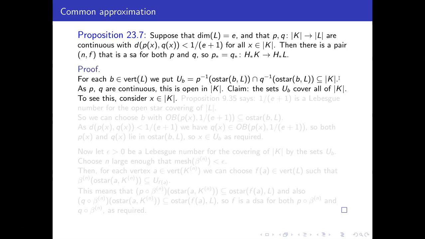Okay, so to see that, let's choose some point X in the realization of K. We need to show that it lies in one of these sets UB. So for this we need to look back to proposition 9.35, which we had a while ago. That says that if we look at the covering of mod L by open stars, well, that is an open covering of the compact metric space mod L, so it has a Lebesgue number, and we showed that actually this specific number, 1 over E plus 1, is a Lebesgue number for that covering.